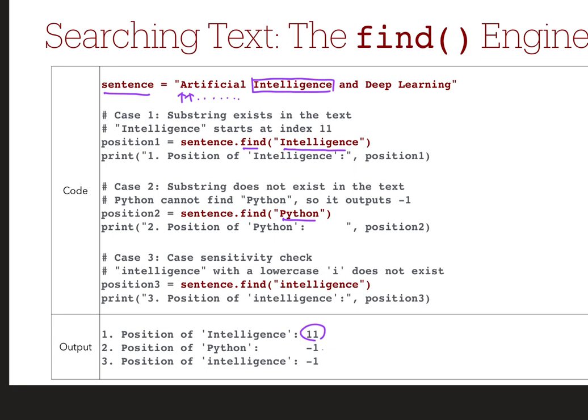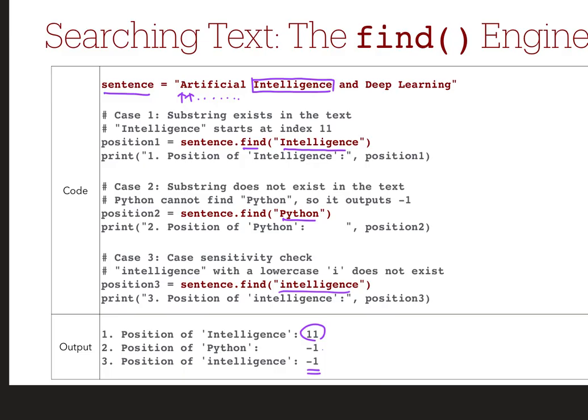And of course, in Python, case matters. So intelligence with lowercase i cannot be found from this sentence. If you try to find this lowercase intelligence, then -1 will be returned as well.